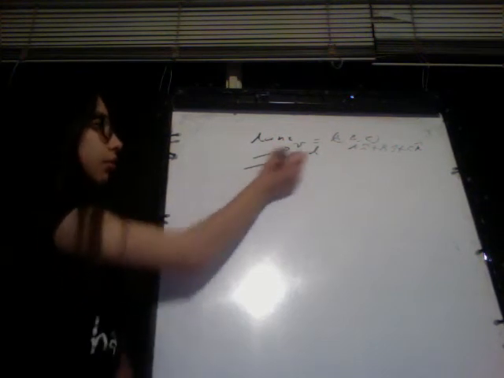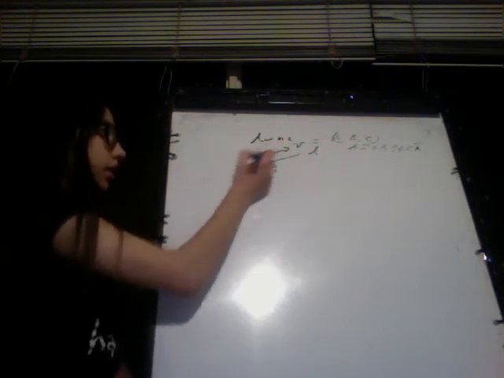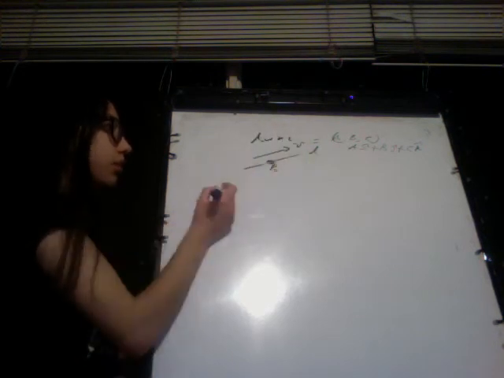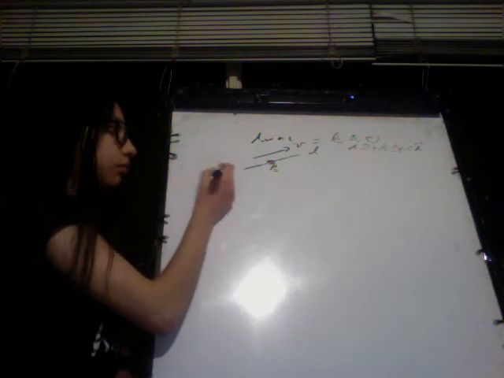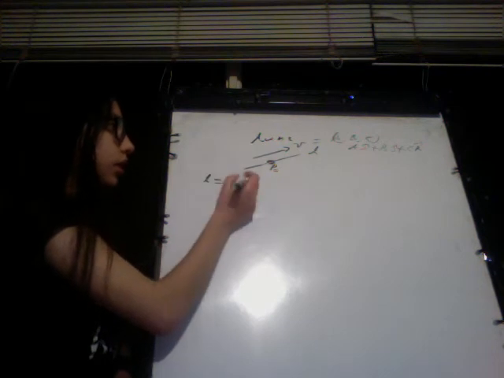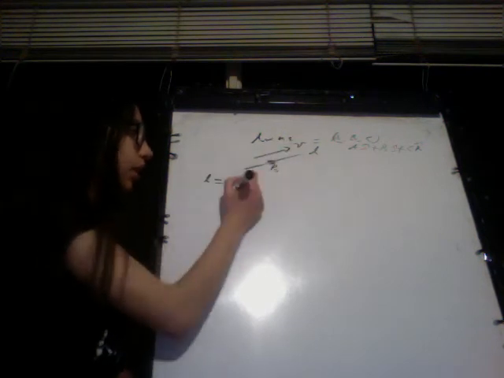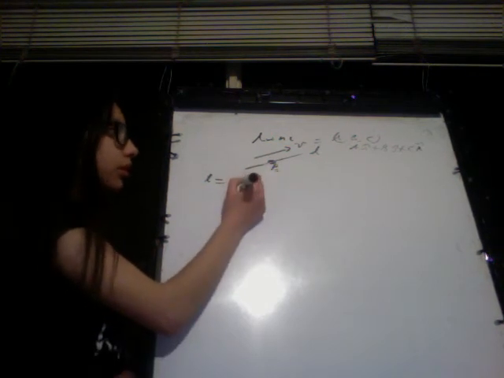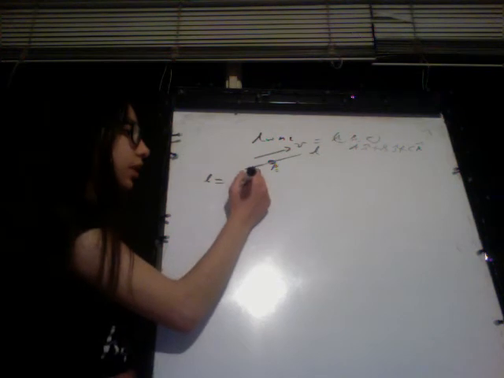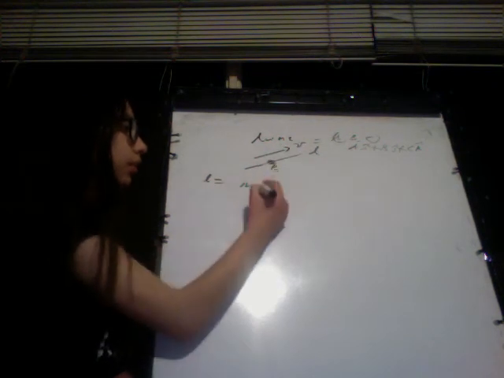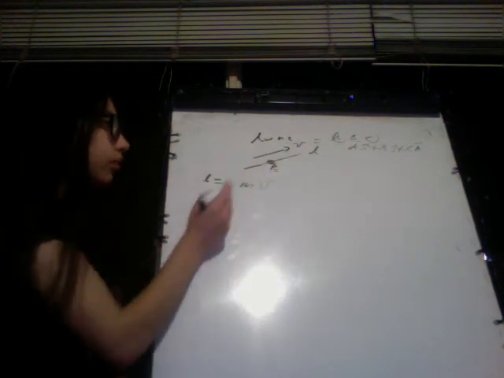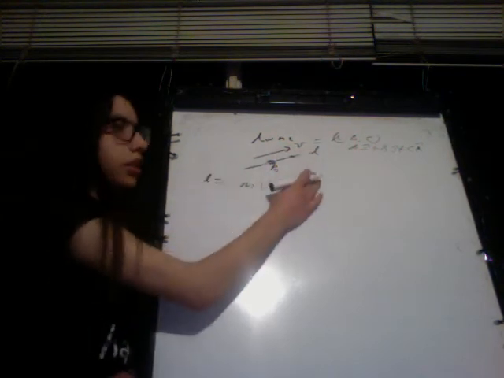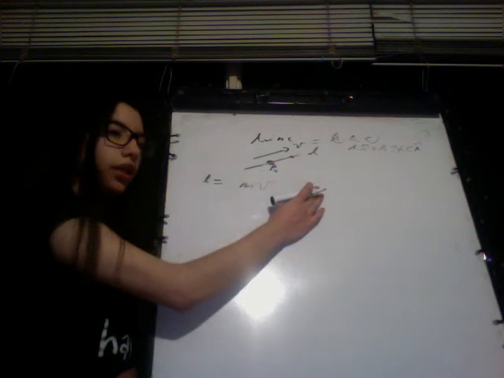First, because this line is parallel to the vector B, it is a scalar multiple of the vector B. So this line L is equal to a scalar, let's say M, times the vector B. We're going to put a point here, the same way as we did in the plane equation.